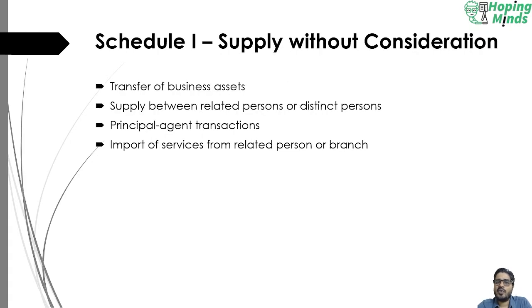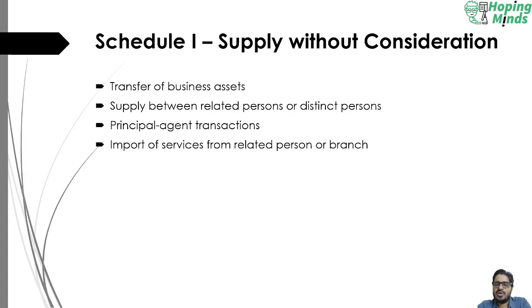Next, Schedule 1 constitutes supplies without consideration. So, as per Schedule 1, supply includes permanent transfer or disposal of business assets or supplies between related persons or branches with separate GSTIN.